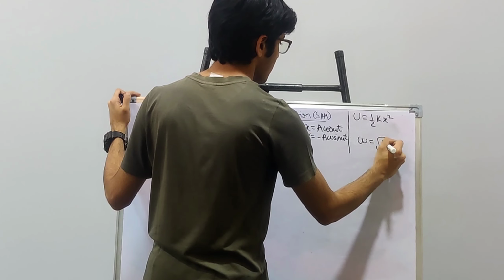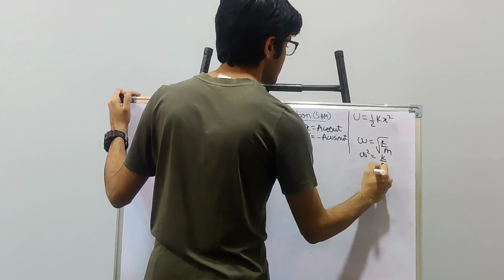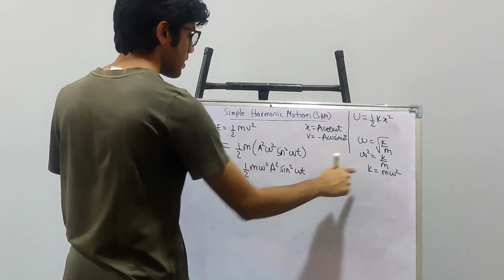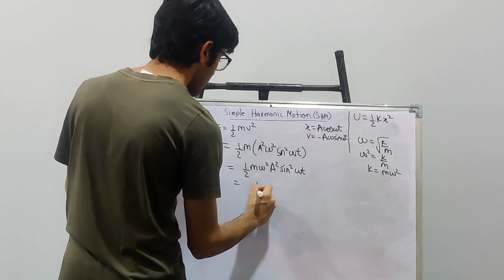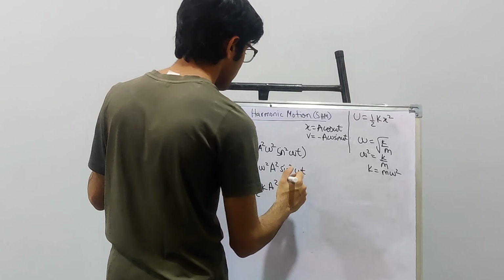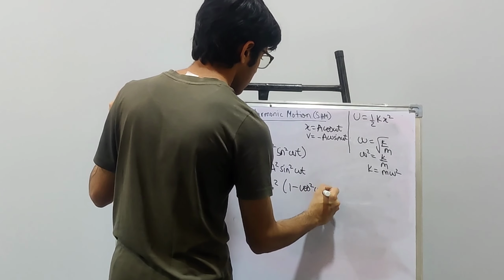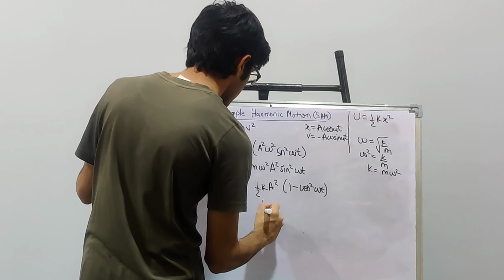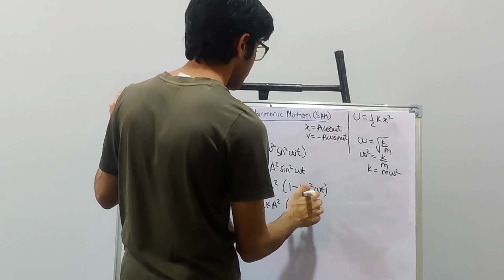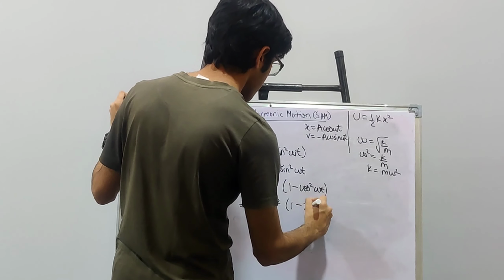We know that omega we have taken as under root k by m. So omega square is equal to k by m, that means k is equal to m omega square. So we can replace m omega square with k, so we will get half k a square, and sine square omega t can be written as 1 minus cos square omega t. This is half k a square, and in brackets we get 1 minus, and cos square omega t will be x square by a square.